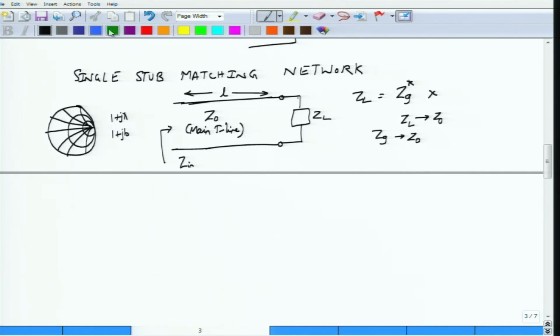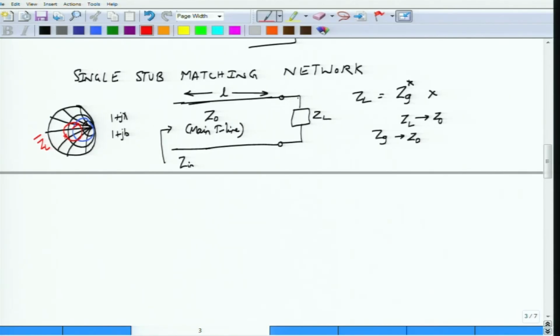Let me write down the unit circle, that is the unit circle which I have drawn. And now this is the SWR circle. At some particular point there is a load here. So this is the load point ZL which we have drawn, and of course I cannot actually plot ZL, but I will be plotting the normalized value of the load impedance. How do I obtain normalized values? By dividing ZL by Z0.